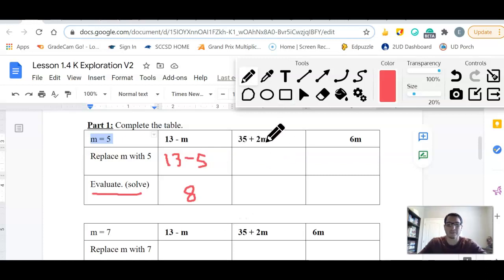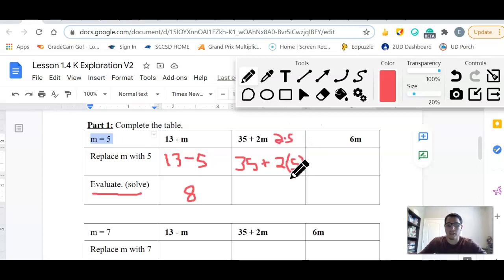Let's move on to the next one. Replace 5 for m. So we're going to have 35 plus... no, it's not 25. Remember, this is 2 times m, so it's going to be 2 times 5.